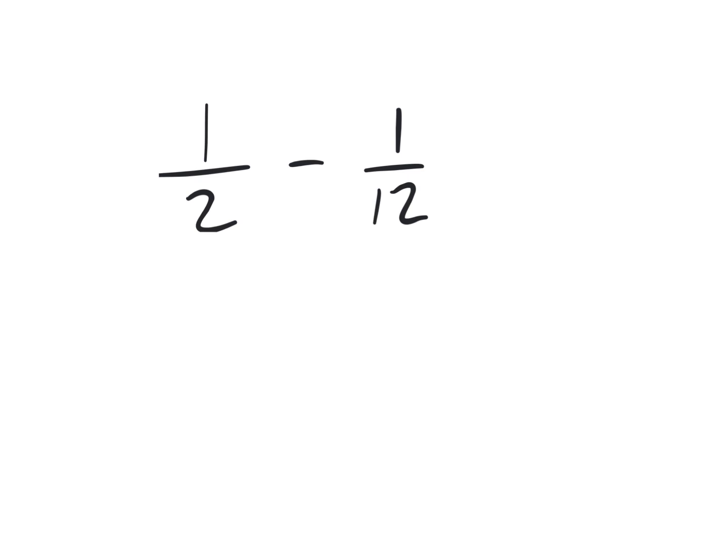Well, in order to subtract these two fractions, I need a common denominator. What is my common denominator of 2 and 12? 12, absolutely. Always look at your bigger one and ask, could I change the smaller one to become that bigger one? If you can, then it's ready to go. So let's change this 2 to become 12. How? By multiplying by 6. And what we do to the bottom, we do to the top. That's how we're going to get a common denominator of 12.